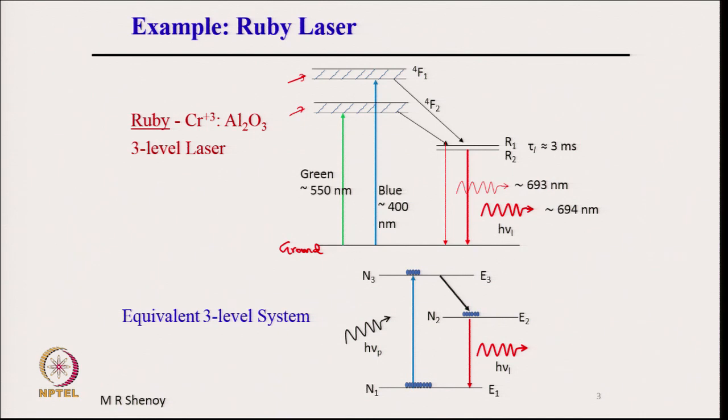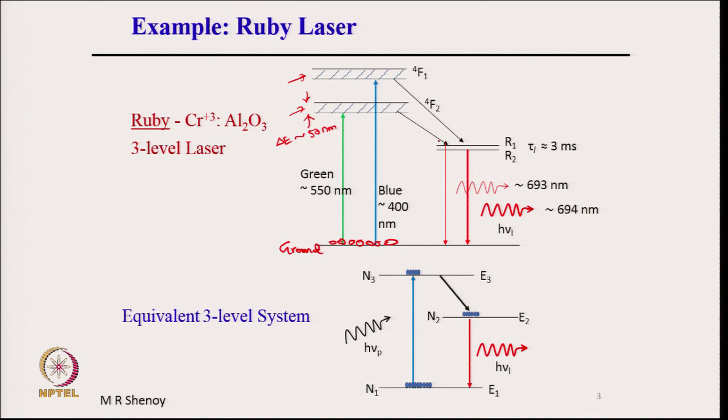These are approximately 50 nanometer wide, so they are 2 absorption bands. Therefore, green light around 550 nanometer will be absorbed and will excite atoms from the ground state to the 4F2 level, and blue light around 400 nanometer wavelength will excite atoms to the upper state.